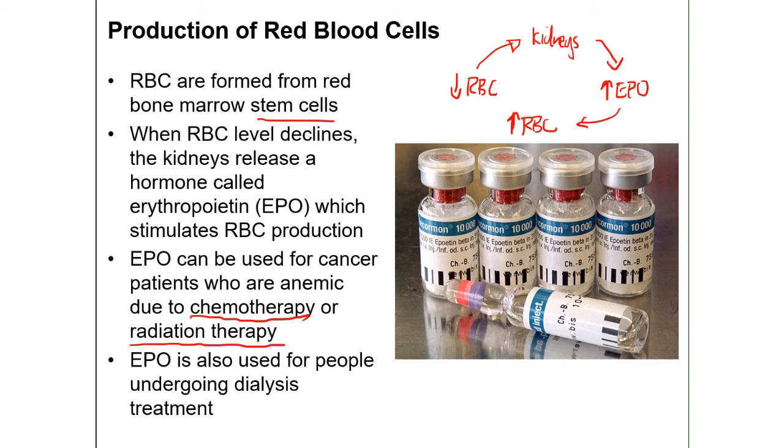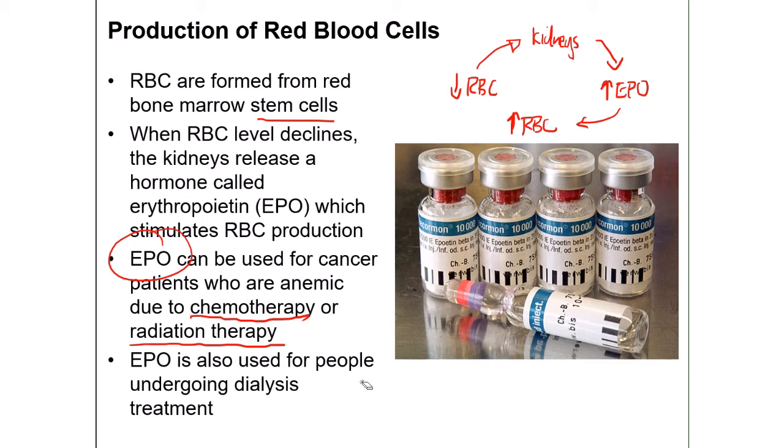And examples of rapidly dividing cells would be cells in the bone marrow, because we keep on making new blood cells, the patient might become a little bit anemic if they are undergoing these treatments. So to counteract that, you will inject them with EPO. So we can make artificial EPO through biotechnologies, and that can be given to cancer patients.